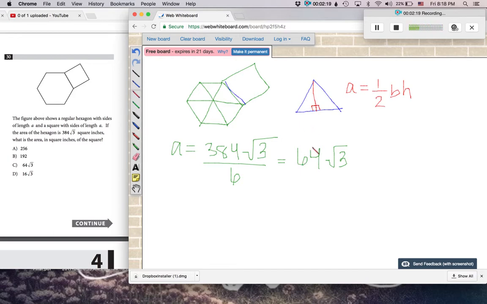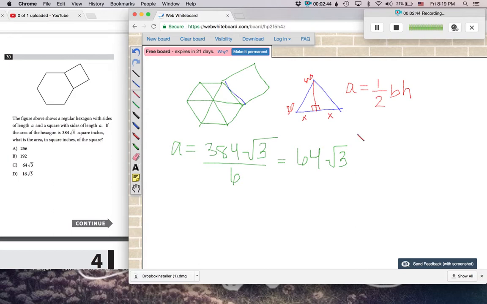So here, in the 30, 60, 90 triangle, the base is going to be x. But remember, that's just one base. Each base is x, so the whole thing is going to be 2x if added together.